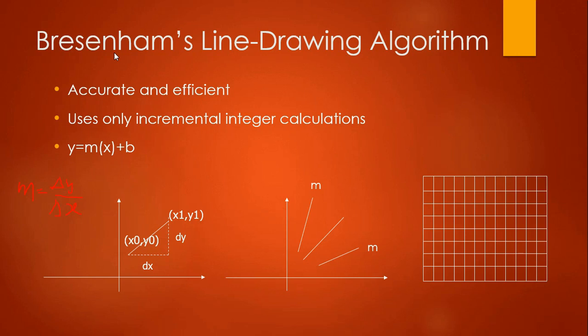So in the line drawing algorithm we had certain calculations also. Here you can see the particular line segment intercepts the y-axis at a point.